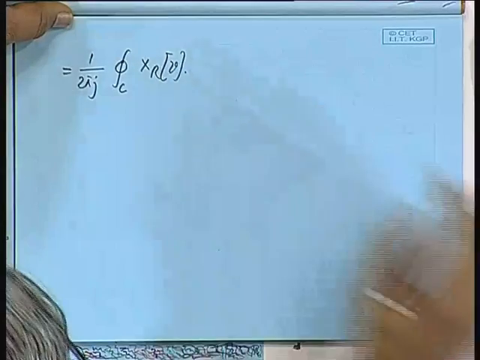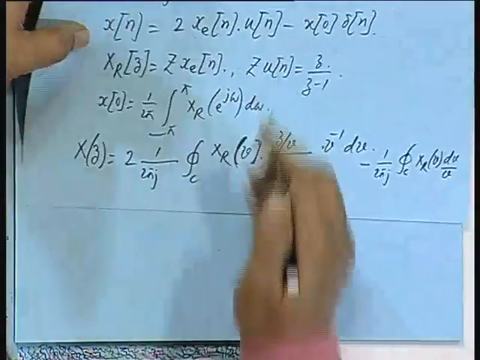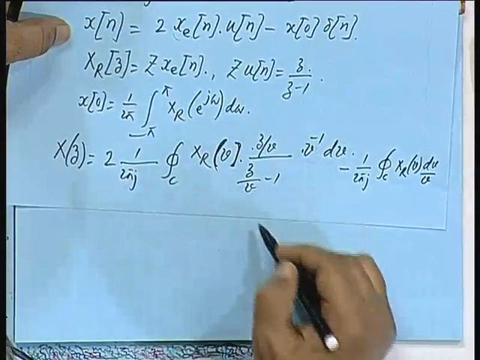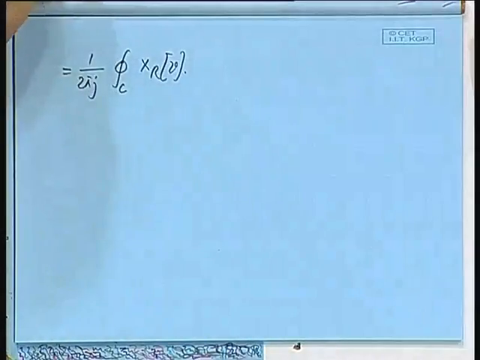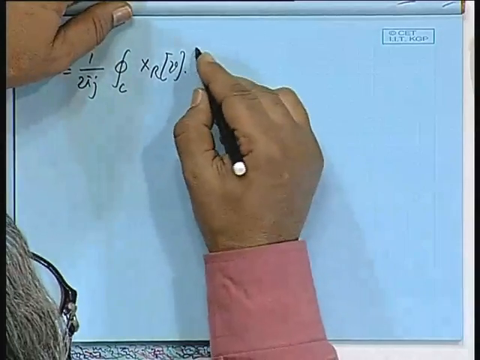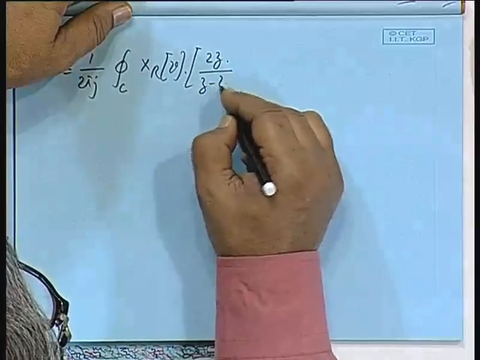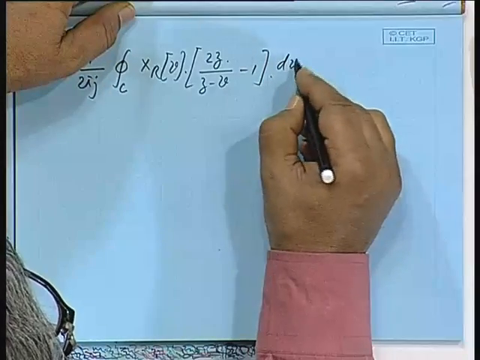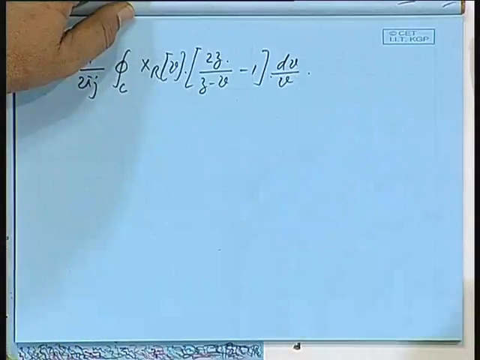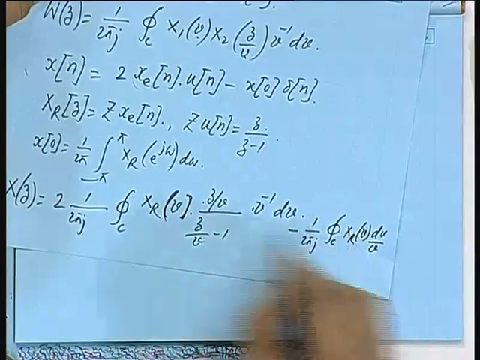If you simplify that, 2 times z by z minus v, minus 1, into dv by v. Minus 1 comes from this term, X_R(v) is common.